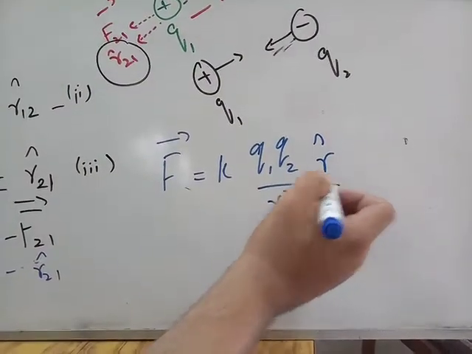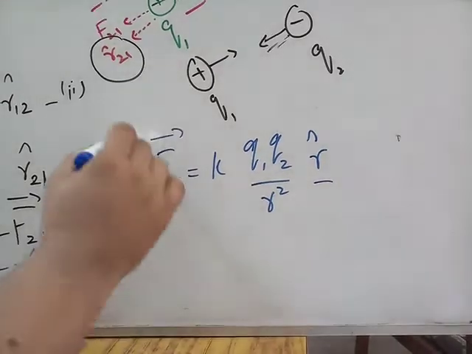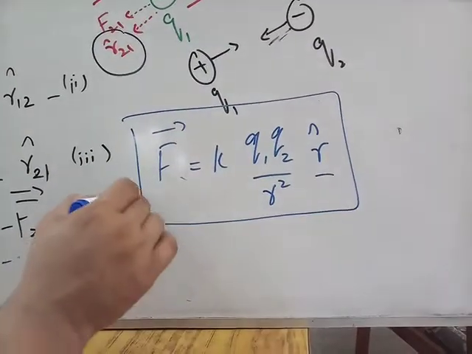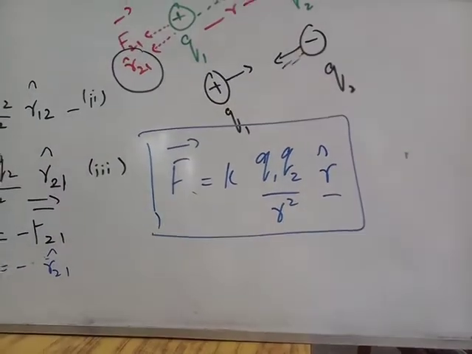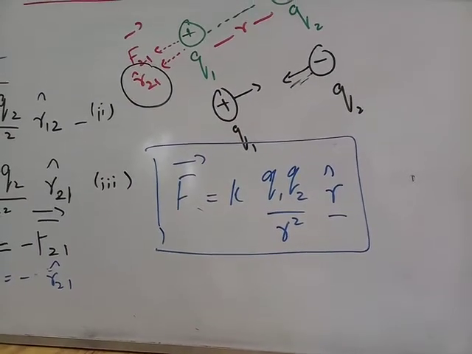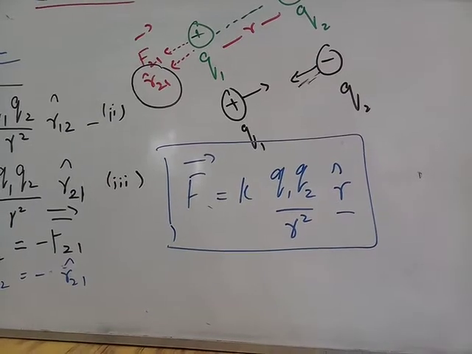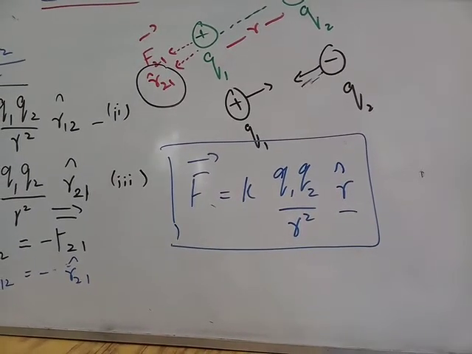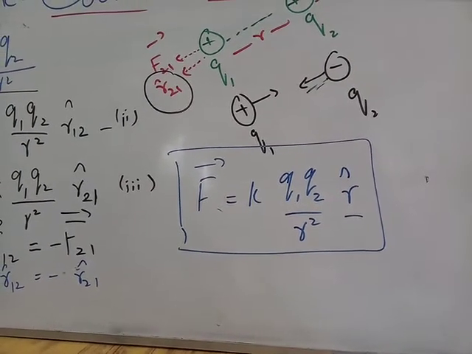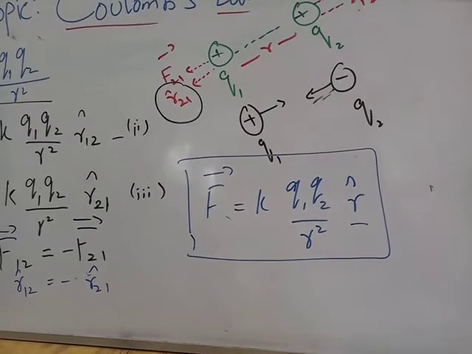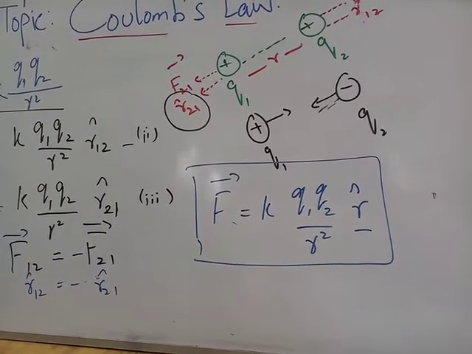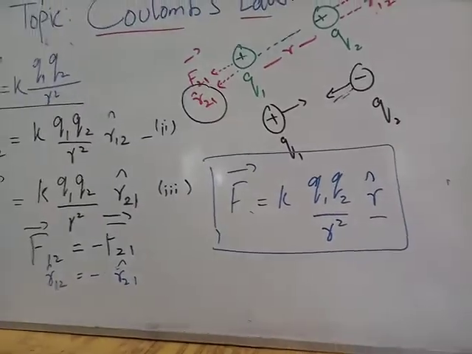This is the vector formula of Coulomb's law. So Coulomb measured the quantitative measurement of the electric force between two charges. This force is called electrostatic force, or also known as Coulombic force. Thank you, students.